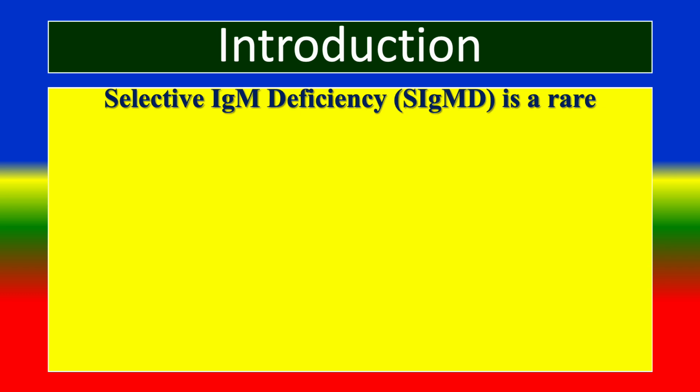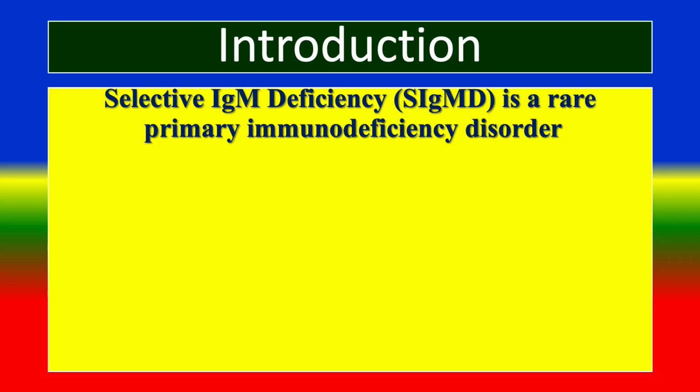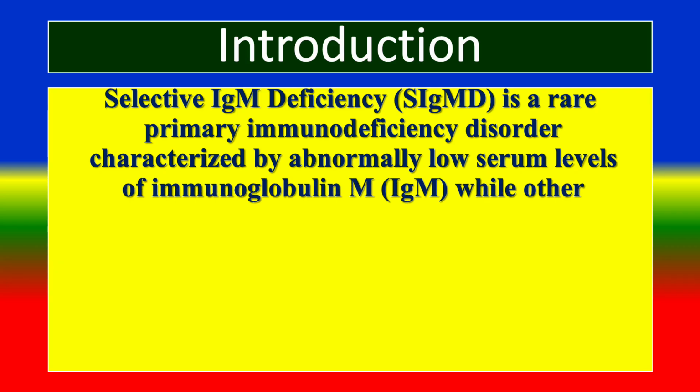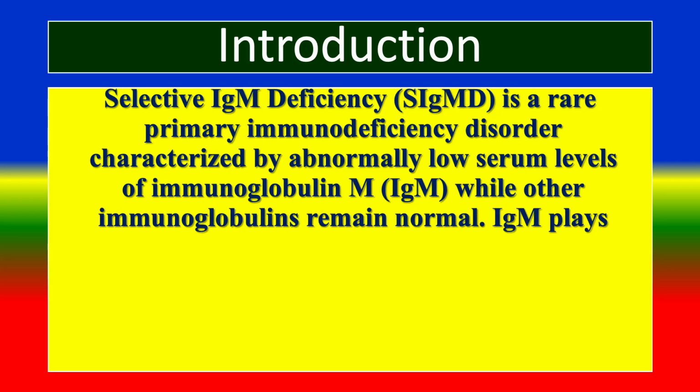Selective IgM deficiency is a rare primary immunodeficiency disorder characterized by abnormally low serum levels of immunoglobulin M, IgM, while other immunoglobulins remain normal.